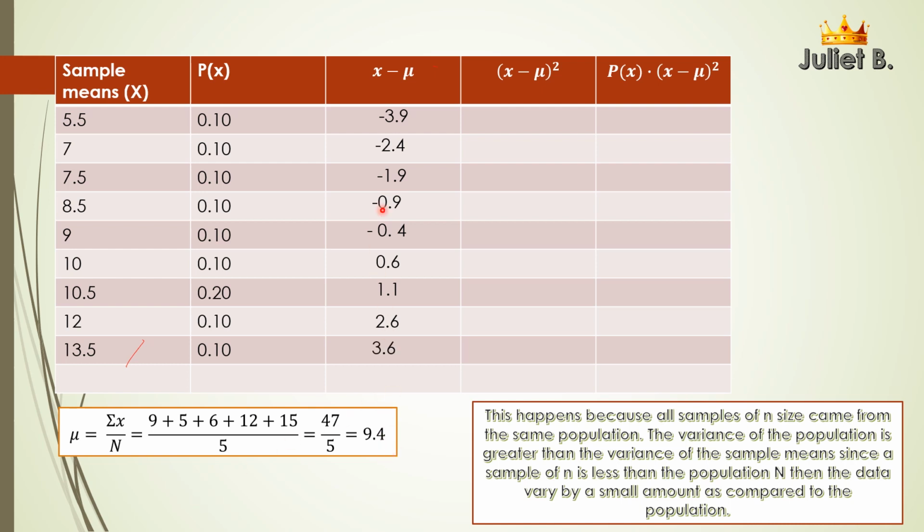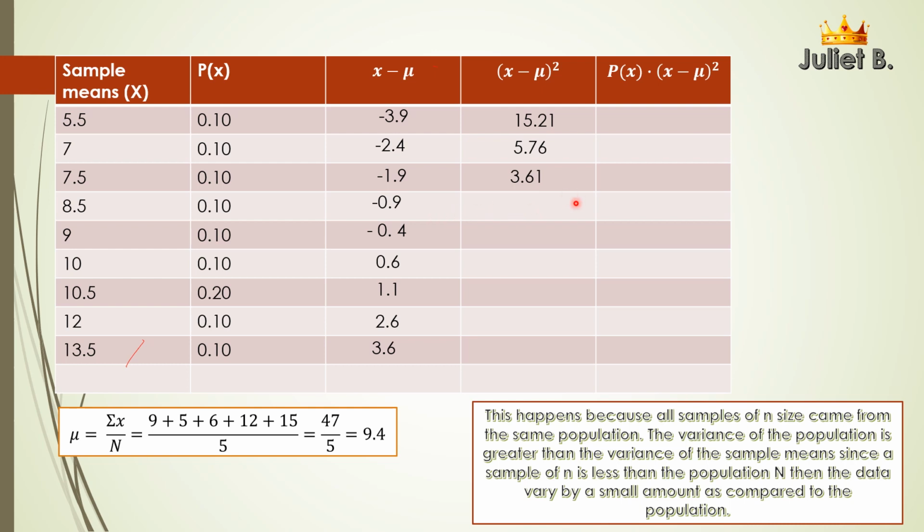After that portion, we will square all of these. So, start with negative 3.9 times negative 3.9. The product is 15.21. Negative 2.4 times negative 2.4 is 5.76. Negative 1.9 times negative 1.9 is 3.61.